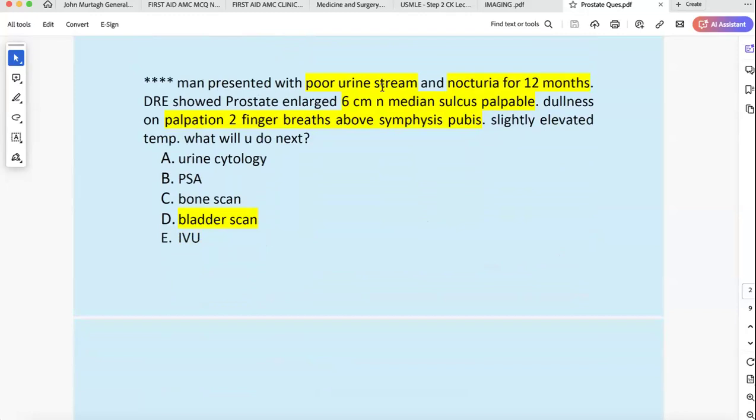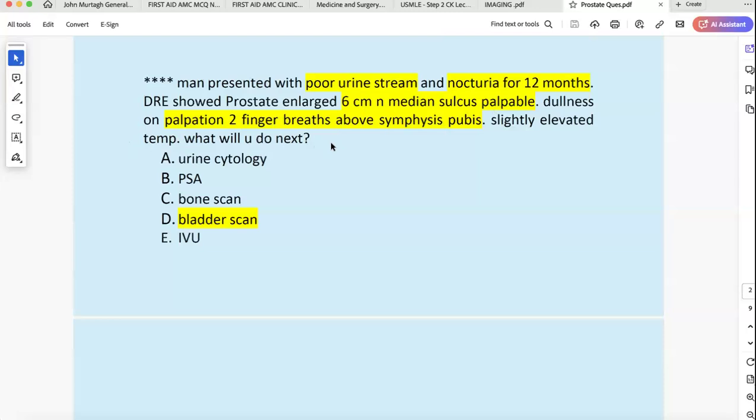A man presented with poor urinary stream and nocturia for 12 months. DRE shows prostate enlarged 6 centimeter, median sulcus palpable, dullness on palpation 2 finger above symphysis pubis, slightly elevated temp. What will you do next?